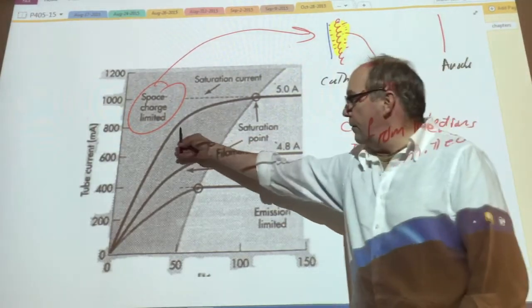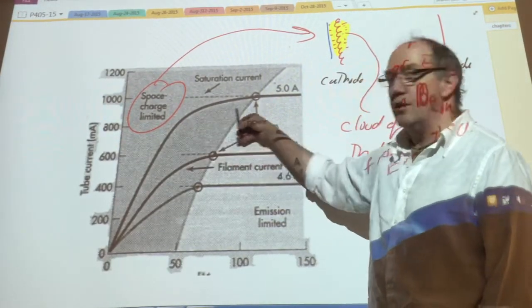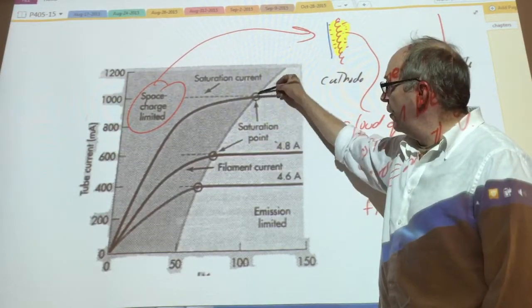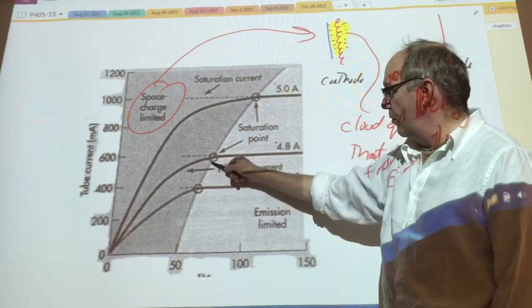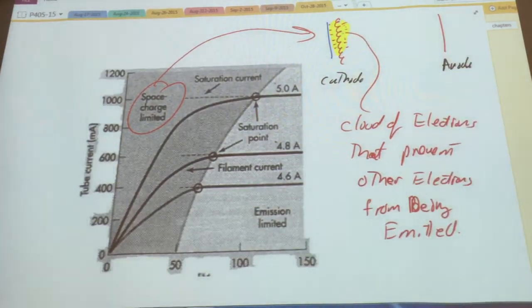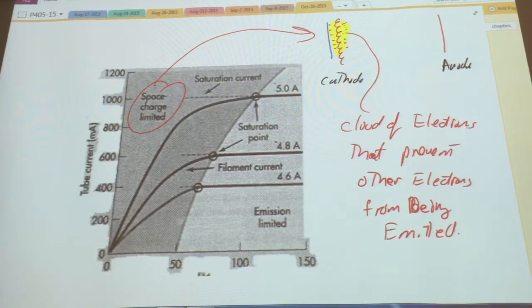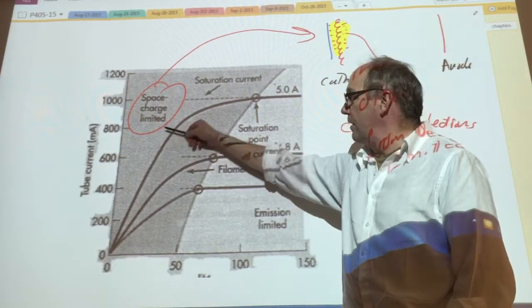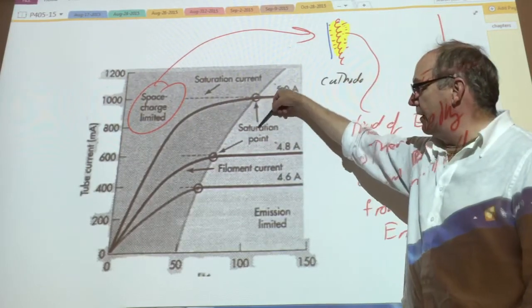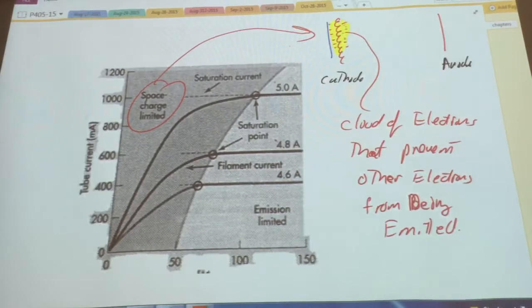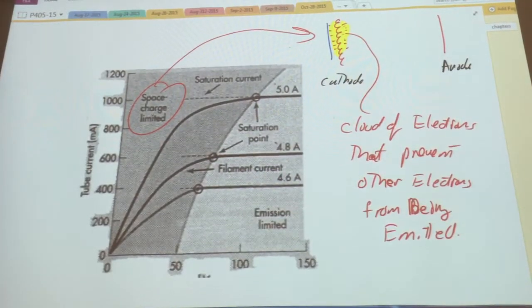And somewhere between here and here, there's a transition between the two. This transition has finally occurred when you get to this leveling off point, which he calls the saturation point. At the saturation point, you've definitely reached emission limited. In between, at low KVP you're strongly affected by space charge, then less so, and finally space charge has no effect. That would be the way to think of that complex diagram.